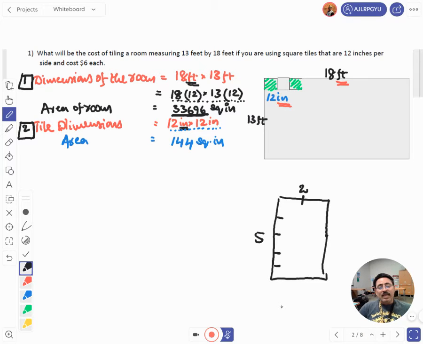Suppose this room is to be paved with 1 by 1 tiles, which means the tiles are to be laid 1 foot long, 1 foot wide. How many tiles are required?